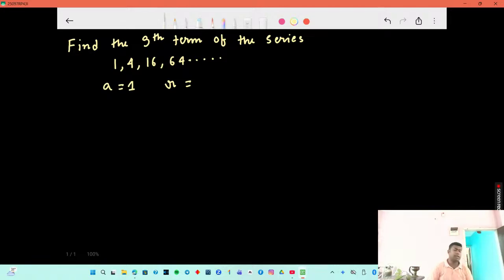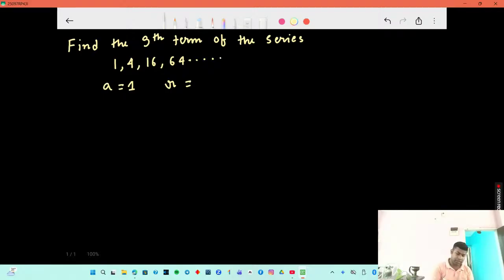We can find it by dividing the next term by the preceding term.